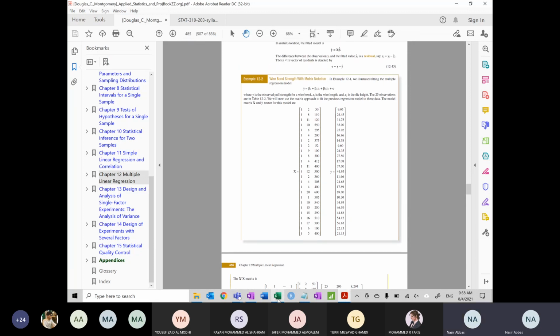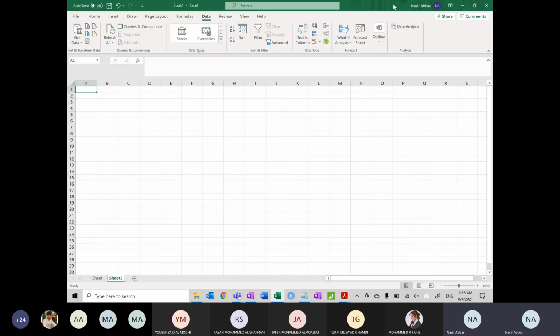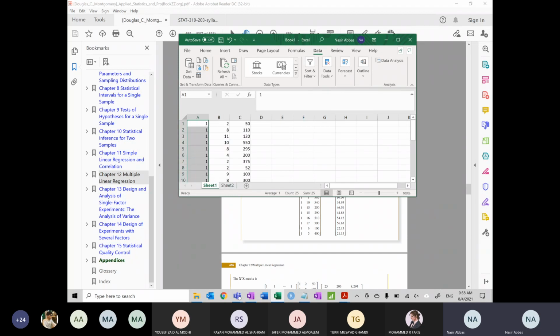I think there is a problem with this y variable, so let me write it manually.